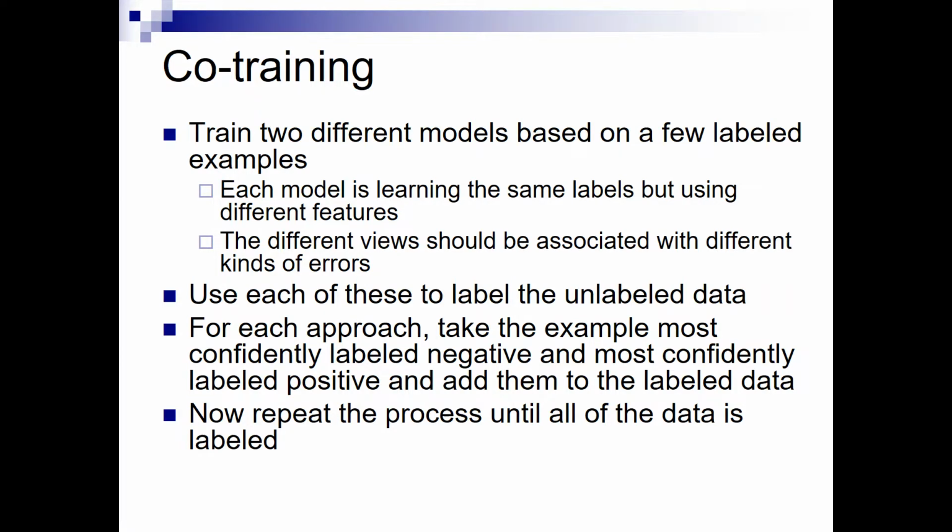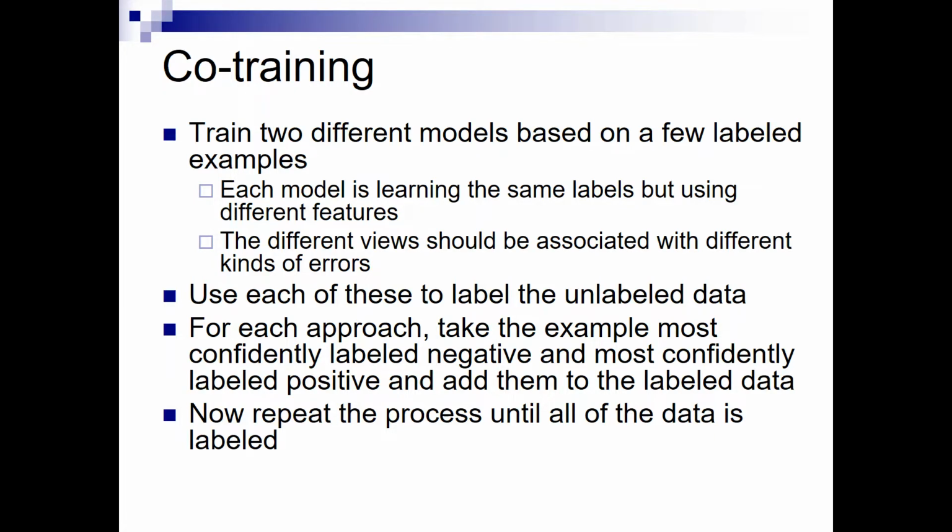So of the unlabeled examples, you will take the example most confidently labeled. So let's say it's a binary classification problem. The one that's most confidently labeled negative and the one that's most confidently labeled positive, and you'll add them to your labeled data.